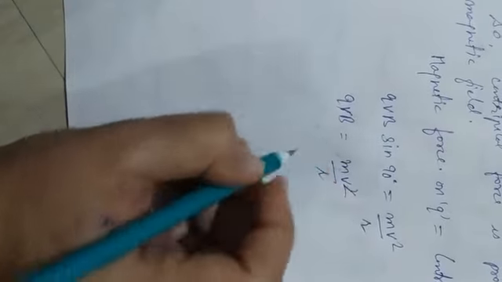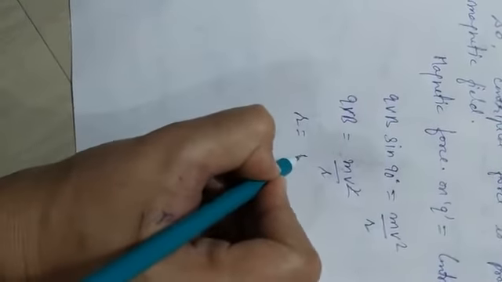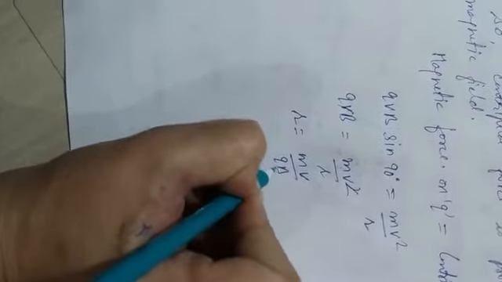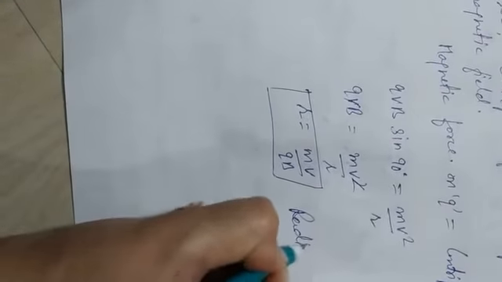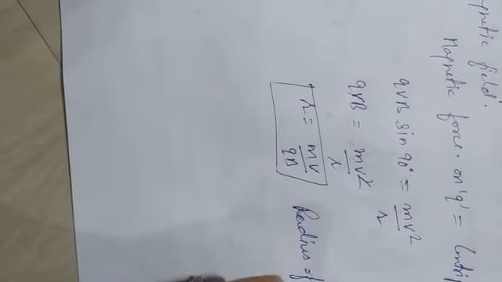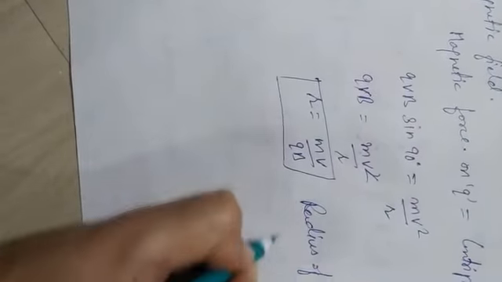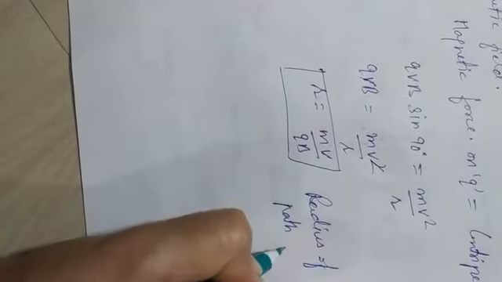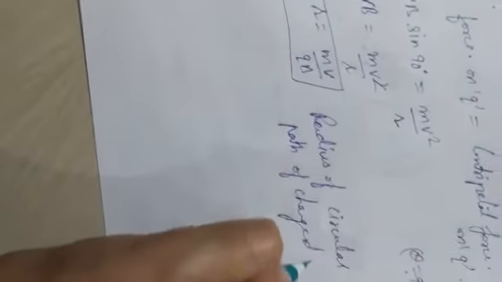Cancelling one v, r equals mv by qB. This is the radius of the circular path of the charged particle.